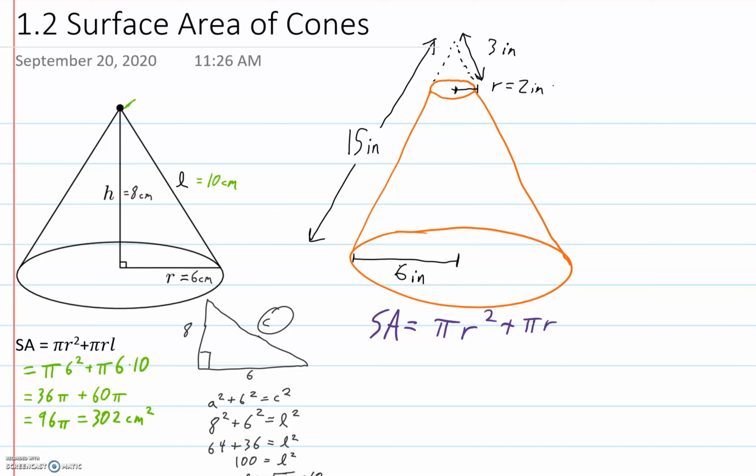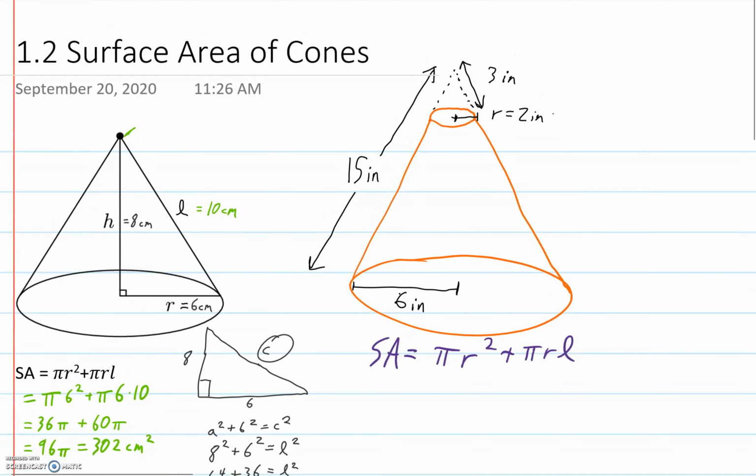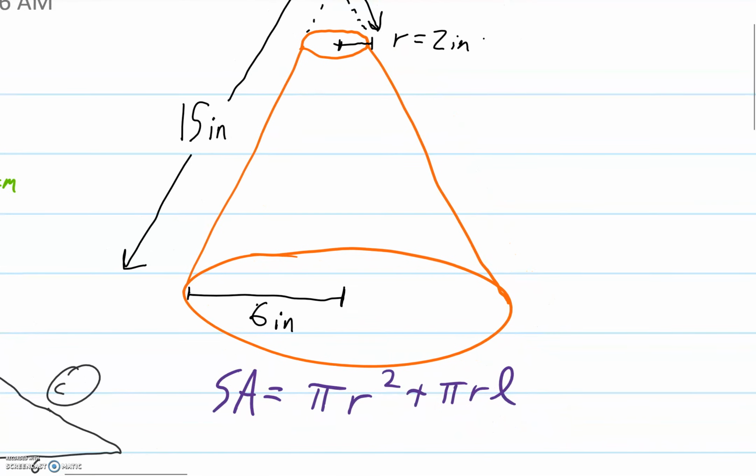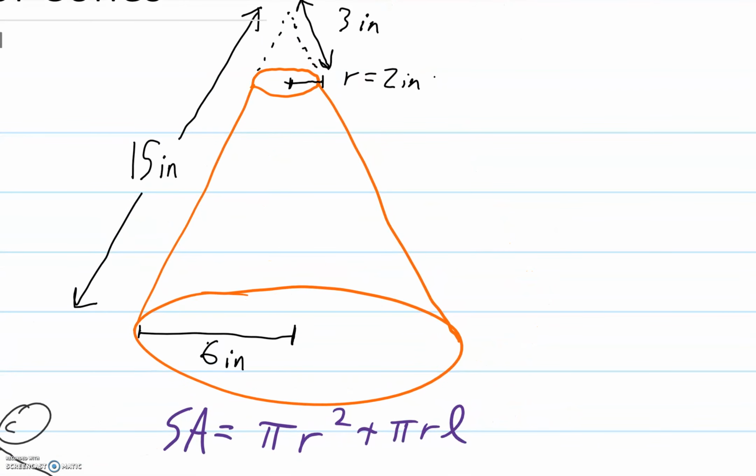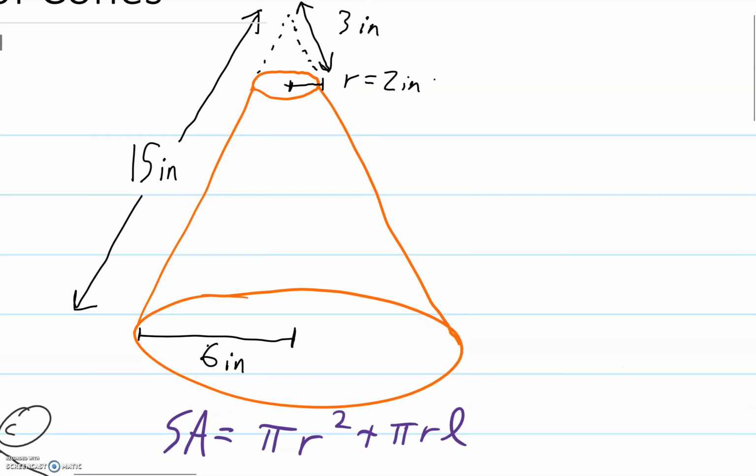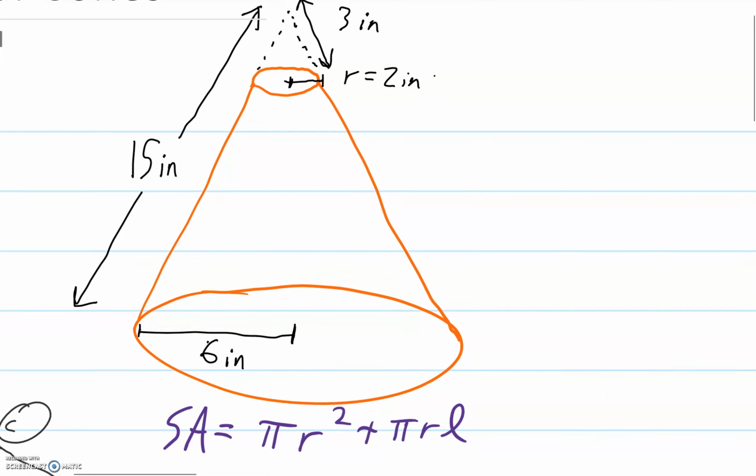Pi r squared plus pi r L. Okay, so here we have, just like the example in class, a traffic cone, and the top is cut off. You'll notice that actually that's how cones are. They always have a little flat top.